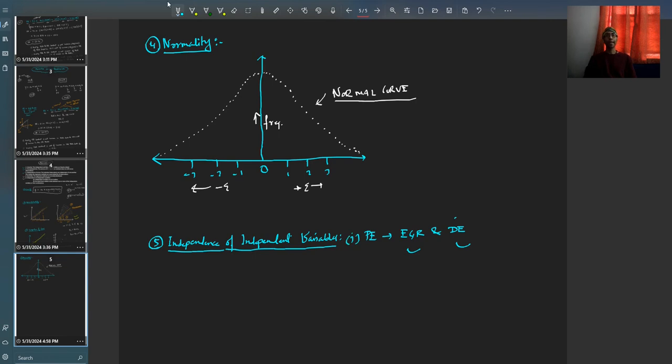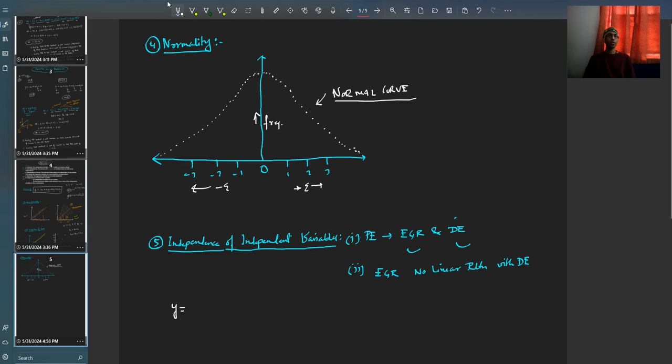Now we come to the second aspect. The second aspect is EGR has no linear relation with DE, right? EGR has no linear relationship with DE. This assumption has to be abided by for this multiple linear regression to be called valid, right?